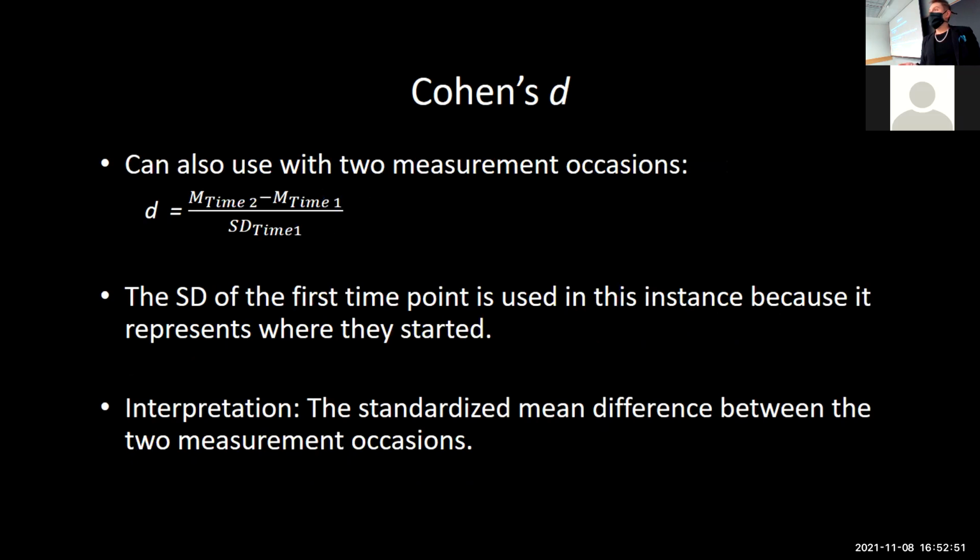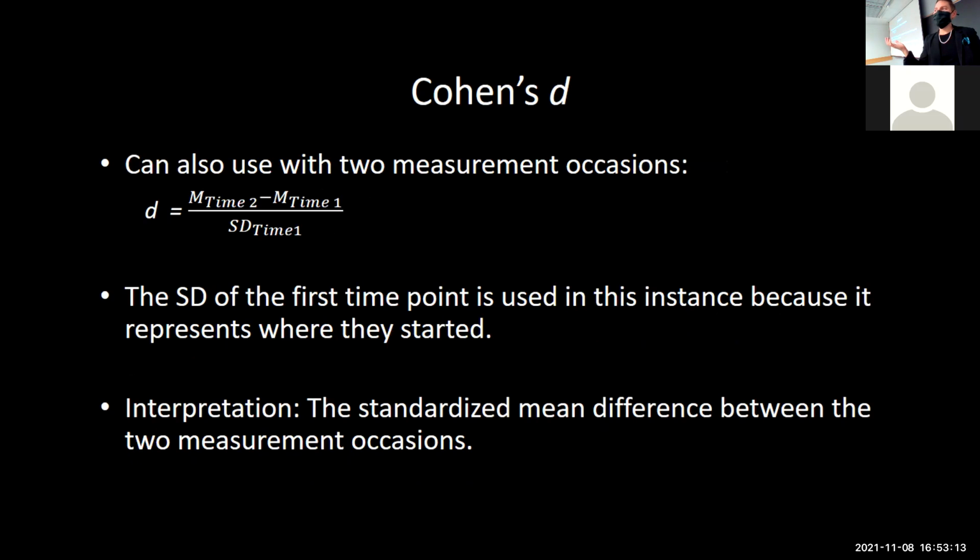You can also use Cohen's d to talk about the difference between two measurement occasions, so maybe the beginning of the school year and the end of the school year. You could do this by measuring the mean at time 2 and subtracting the mean at time 1, and you divide that by the standard deviation at time 1.